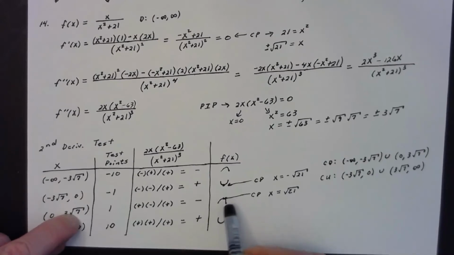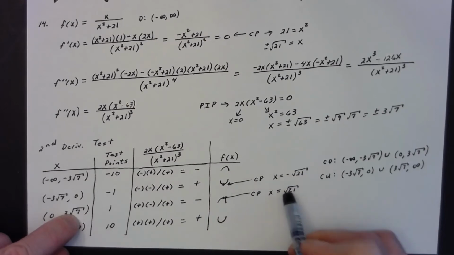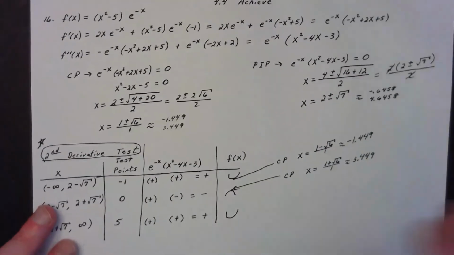So any critical point in that region has to be a maximum. So you would answer the questions for maximum and minimum. That has a maximum at the square root of 21 and has a minimum at the negative square root of 21. Pretty straightforward.